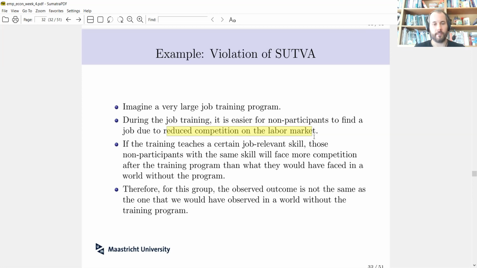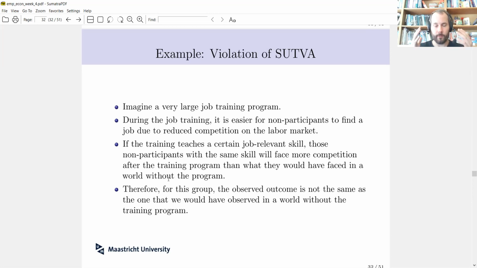And now the training happens to teach a certain skill. After the people have done the job training, the non-participants who had this skill before will now face higher competition, right? So for these people, in none of the time periods can we observe the potential outcome, because the presence of the job training basically contaminates our potential outcomes.